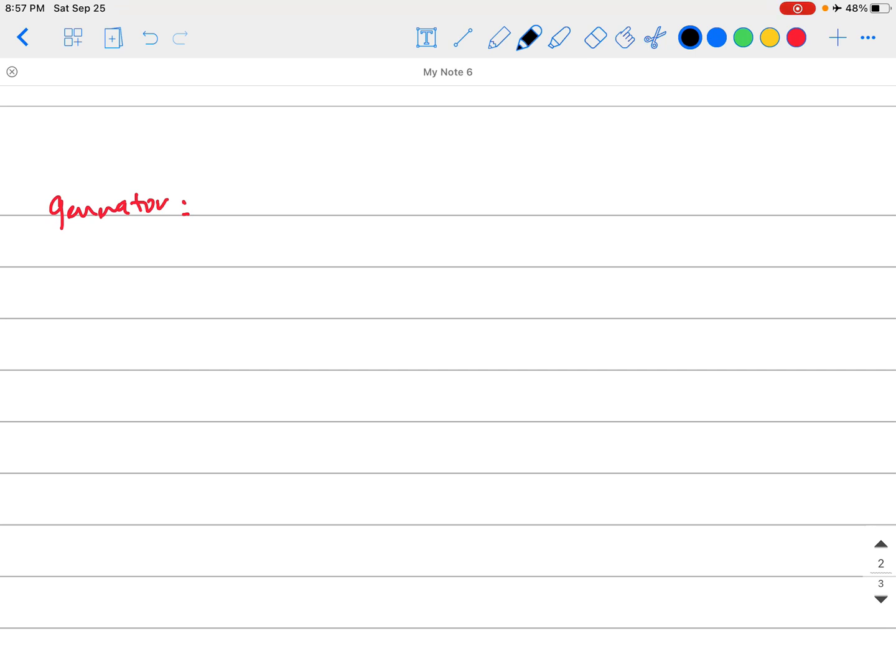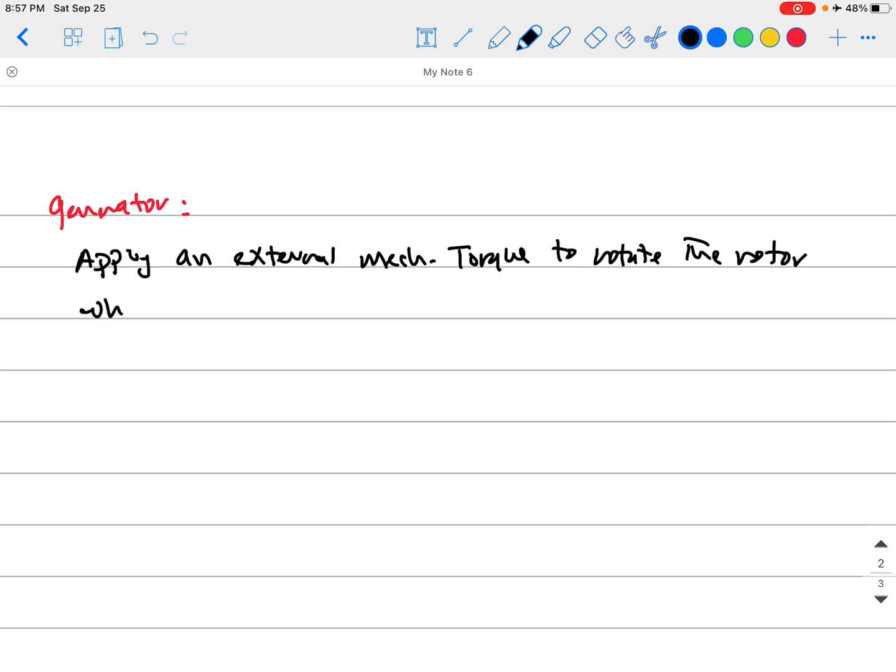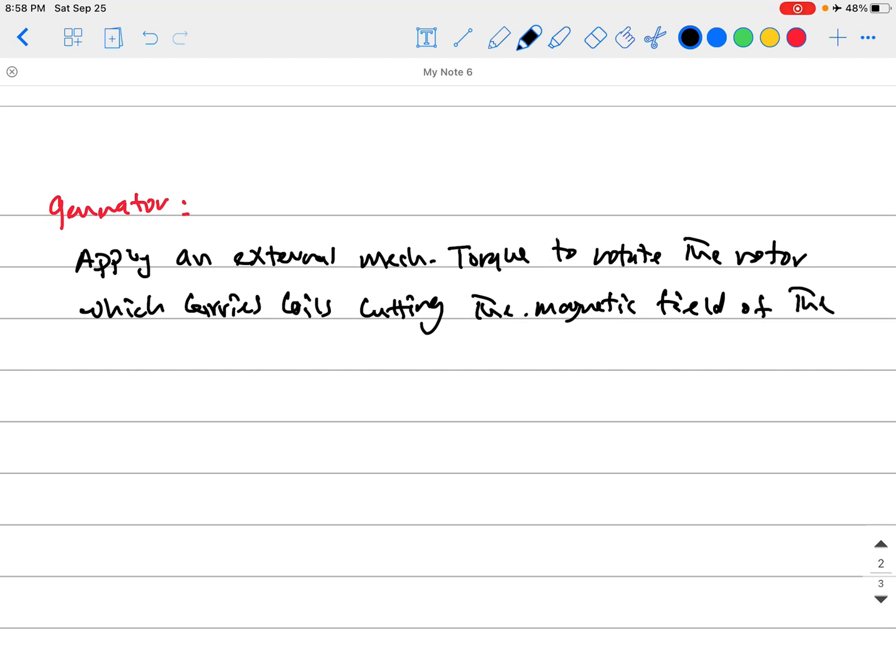Following the same sequence, we apply an external mechanical torque to rotate the rotor, which carries coils or winding, cutting the magnetic field of the poles, yeah?